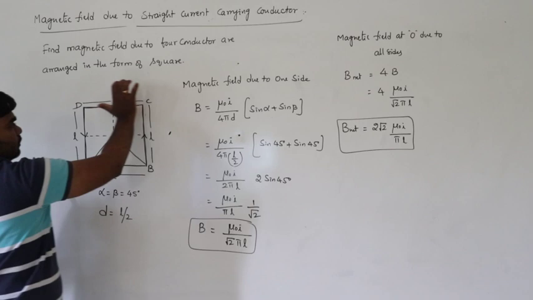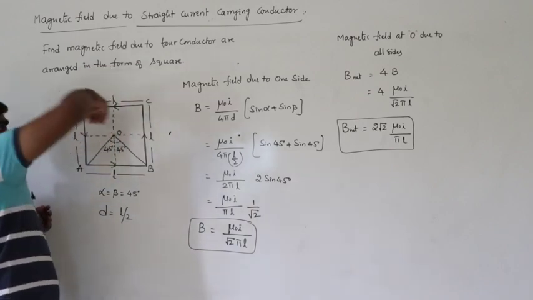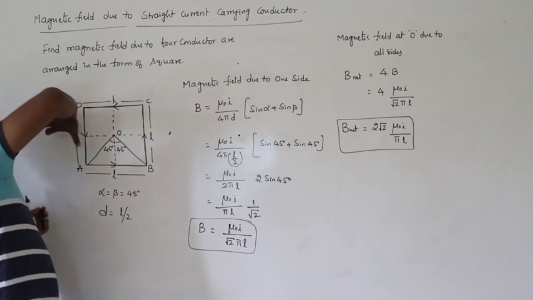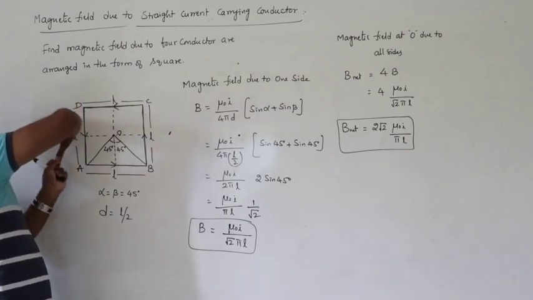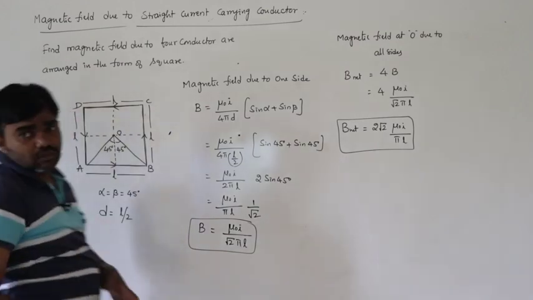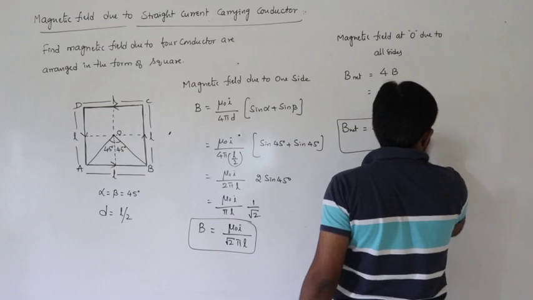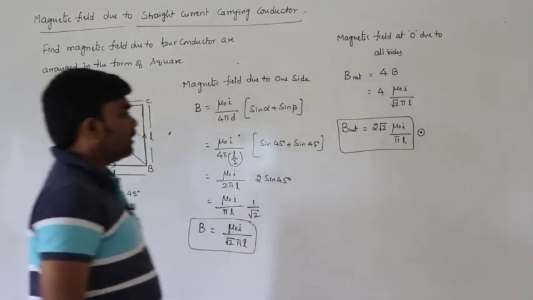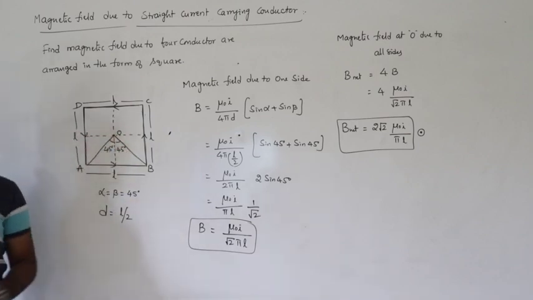Next, above this conductor the magnetic field is inwards and below the conductor it is outwards. For this one also, with this direction of current, this side is inwards and here it is outwards. So the total magnetic field due to this is outwards only. The total magnetic field is outwards.